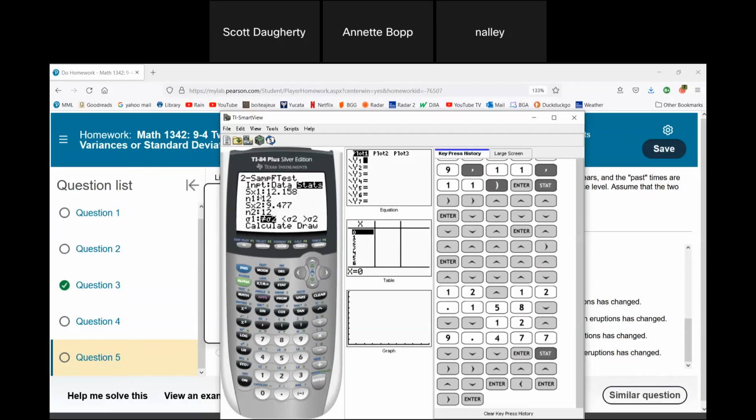I put one of them into L1 and found the sample standard deviation using one variable stats. And then I put the other one in L1 and went to one variable statistics and found the sample standard deviation for the other one. And then I calculated it from there. It probably would have been a little bit easier if you had just put one into L1 and the other into L2 and then gone to data. Okay. I wanted to show you the full-blown problem step by step in case you have to do it by hand at some point. Okay, so anyway, that's how you work that kind of problem.